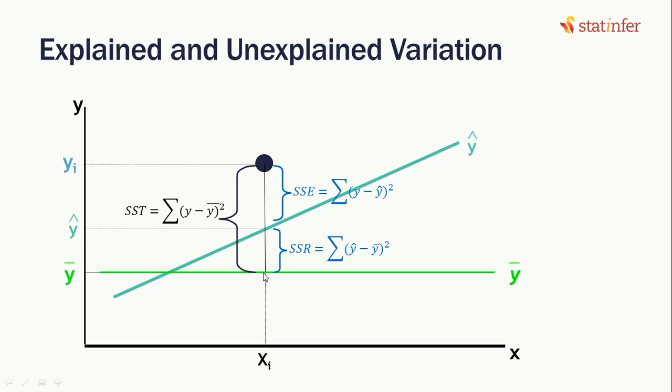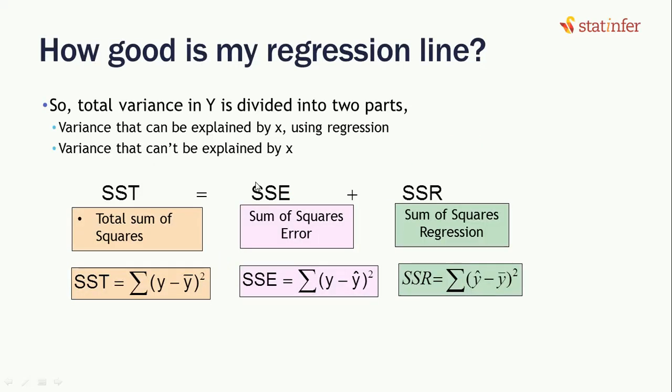Over here SSR is the explained variance. From this point to this point we have an explanation using this regression line. The regression line is saying that till here I can predict correctly, but this part is SSE, which is the error. So SSR is our explained variance, SSE is our unexplained variance, and SST is our total variance. So how good is my regression line?